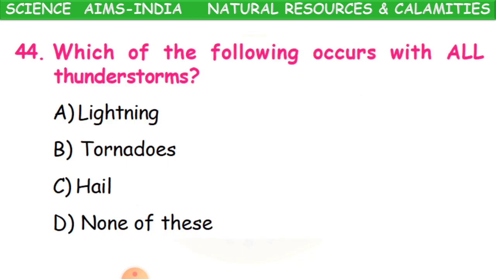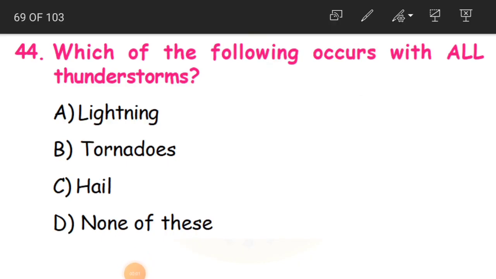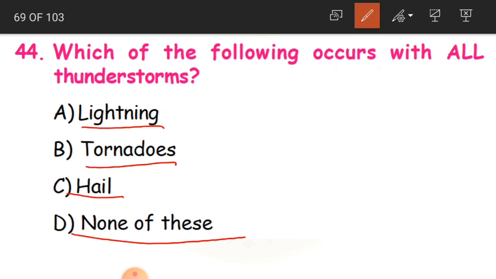44th question. Which of the following occurs with all thunderstorms? Either lightning, tornadoes, or hail, or none of these. Children, along with thunderstorms, what all occur?